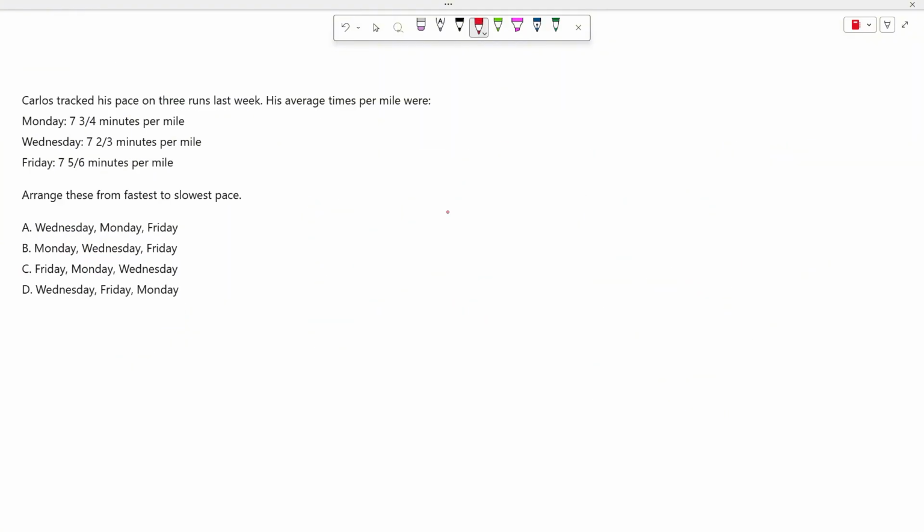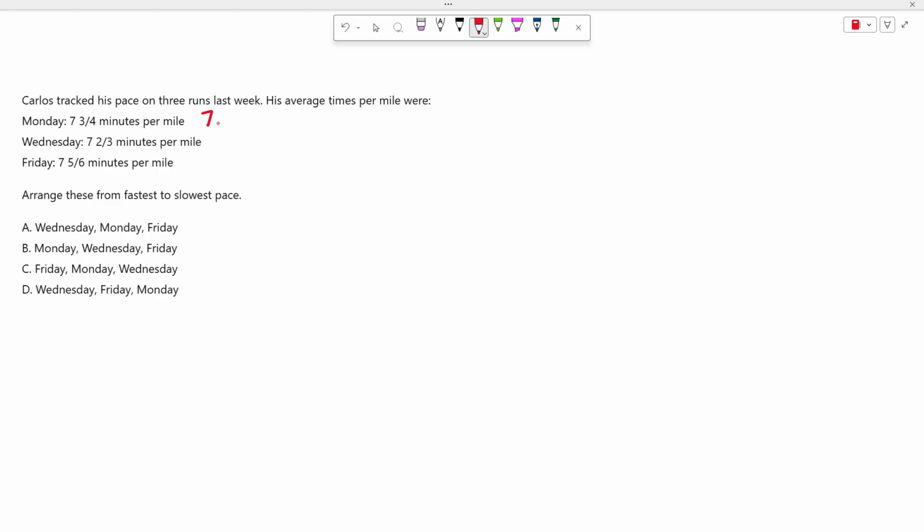Carlos tracked his pace on 3 runs last week. His times per mile were 7 3/4 minutes per mile on Monday, Wednesday was 7 2/3 minutes per mile, and Friday was 7 5/6 minutes per mile. Arrange these from slowest to fastest pace. What I would do is just straight up convert these to decimals.